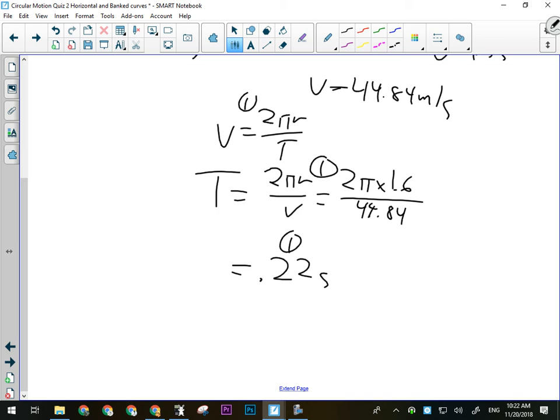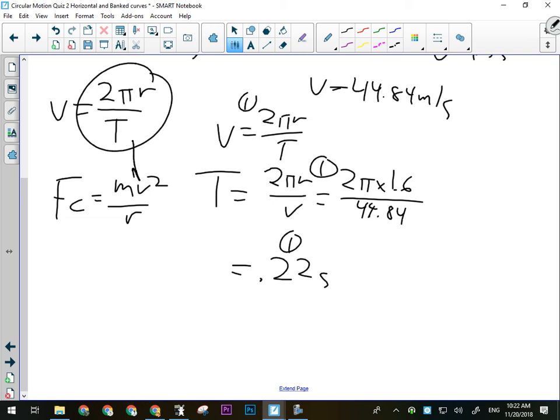The shorter way is to do this. I have Fc equals mv squared over r, and I know that the formula for v contains the period, which is what I'm looking for. So I substitute this formula in for v, and then I can do this more quickly, in 1 step. I square that whole formula, so it'll be 4 pi squared r squared divided by t squared.